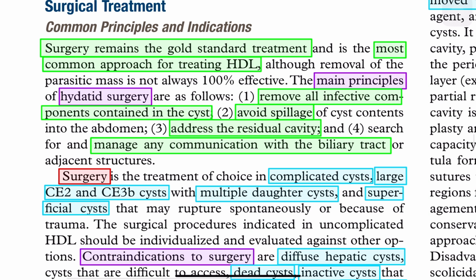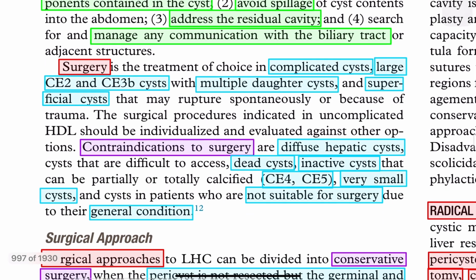So let's come to the treatment. Surgery remains the gold standard, already discussed many times. Okay. The most common approach for treating hepatic hydatid disease is surgery. So this principle we already discussed.